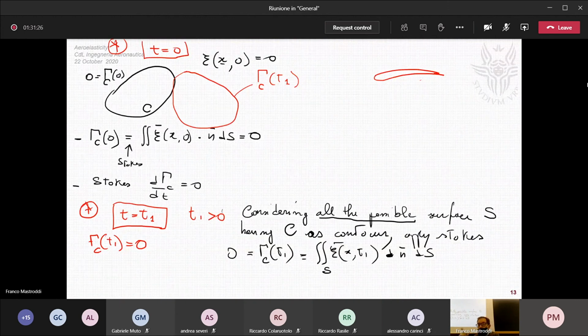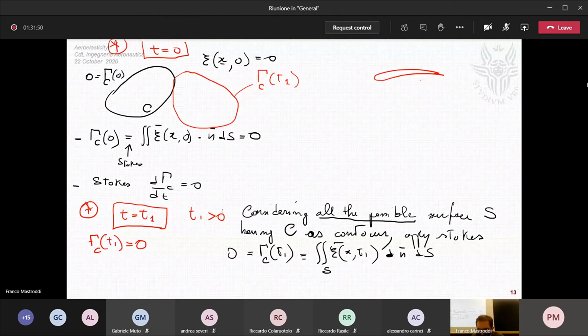And you can guarantee this only if the surface we are considering in this span, this variation, has all the vorticity in its points equal to 0 as well, because of this arbitrariness.